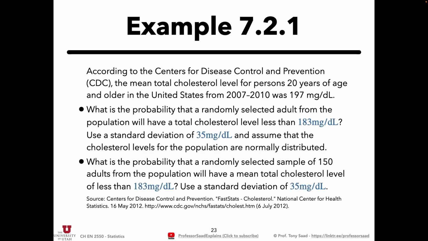We pick a random sample of 150 adults, get their cholesterols, and compute the mean. What is the probability that that mean cholesterol value is less than 183 milligrams? The individual gave us a 34.4% chance. What is this going to give us?